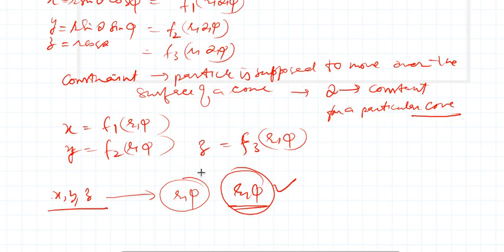So in the whole of this lecture series on classical mechanics, we will always talk in terms of generalized coordinates. So let us generalize this idea. Suppose we have n particles.